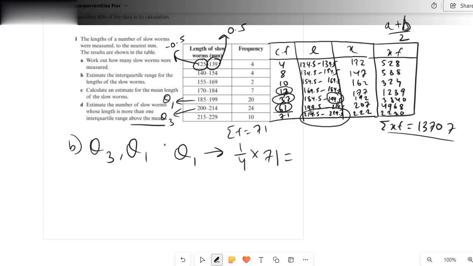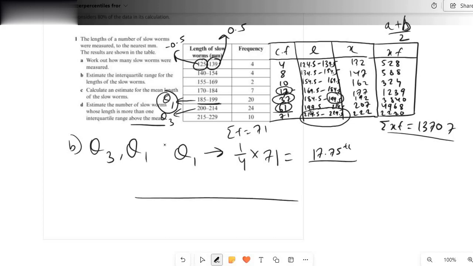So this gives us a value of 17.75, meaning that the lower quartile lies at the 17.75 position. So we can use the table for the cumulative frequency and see that 17.75 is right after 17, meaning that the Q1 must lie within this class.